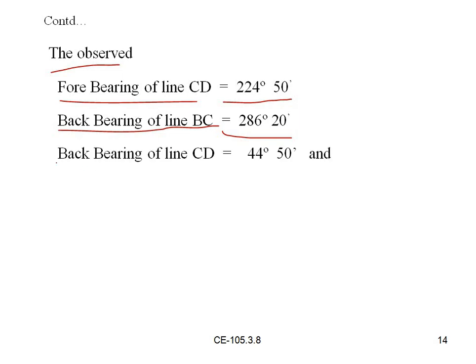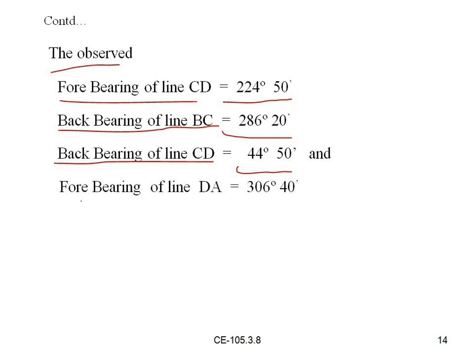And the back bearing of line CD is equal to 44 degrees 50 minutes. The forward bearing of line DA is equal to 306 degrees 40 minutes.